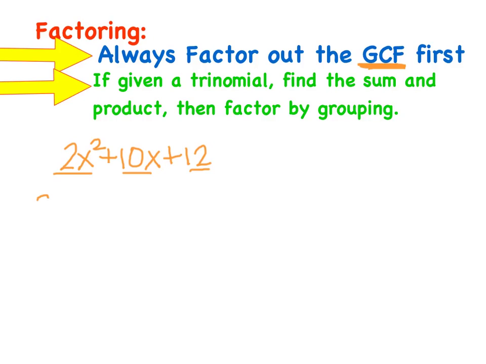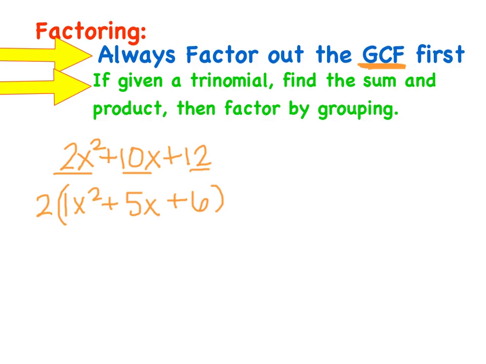The GCF here is 2. So I would want to factor out a 2 from each term. I cannot factor out an x from each term because not every term has an x. So then I would be left with x squared, or I could write a 1, plus 5x plus 6. I'm dividing 2 from each term.